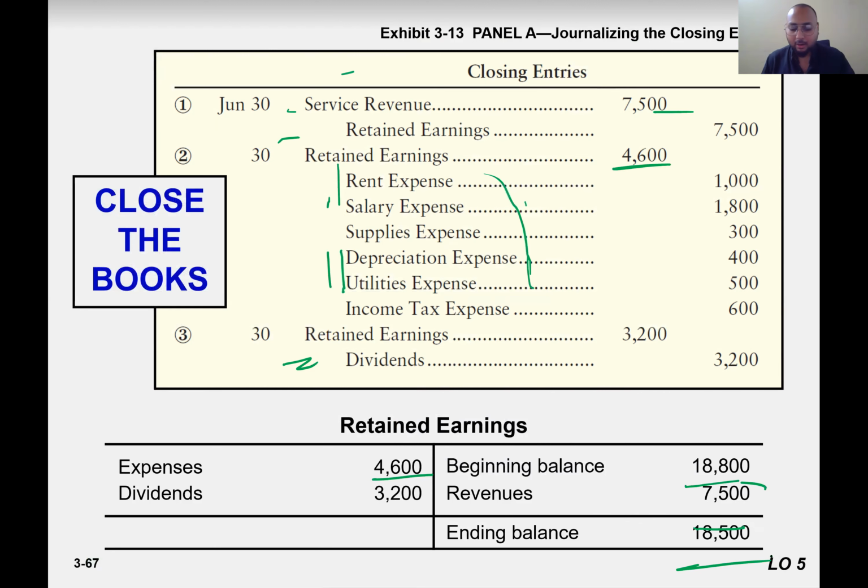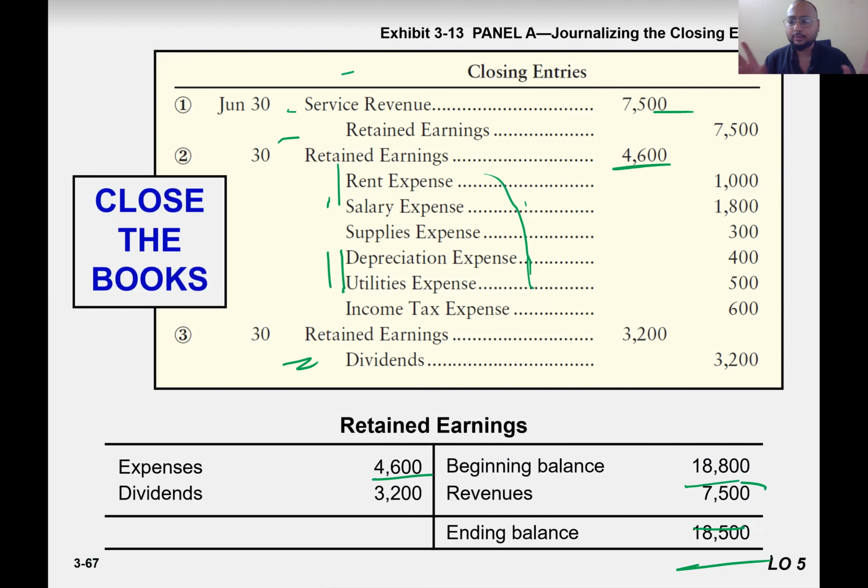Now, how many accounts do we have for adjustments? Prepaid, accrued liabilities, accrued revenue, unearned revenue, and depreciation. For closing, we have three entries. Number one, revenue: all kinds of revenue, whether sales revenue, interest revenue, or rent revenue.